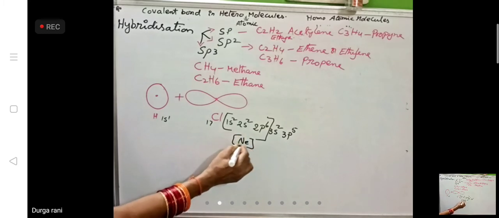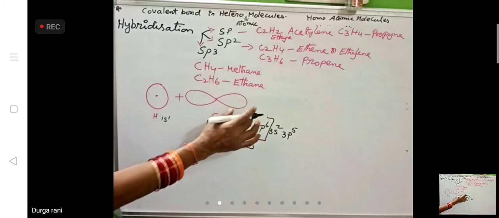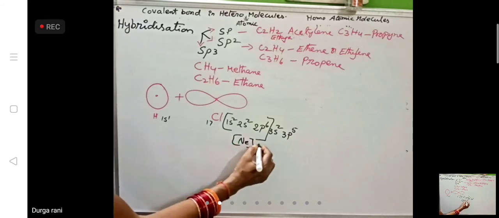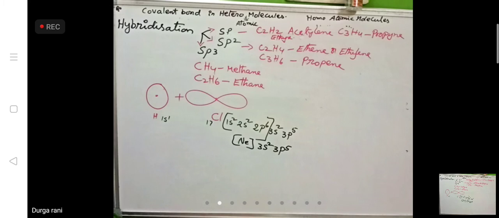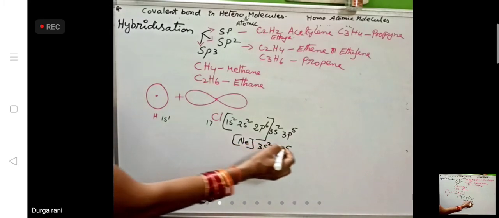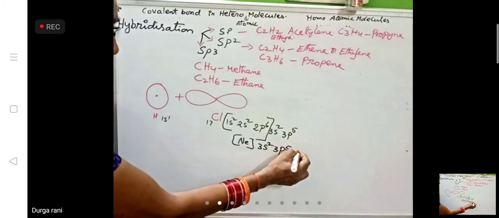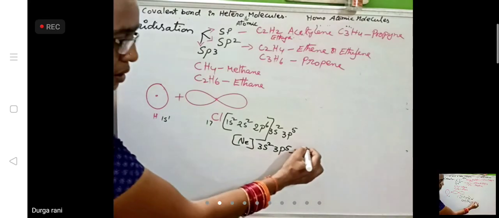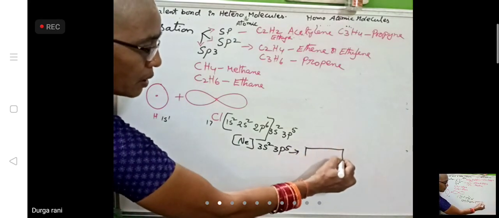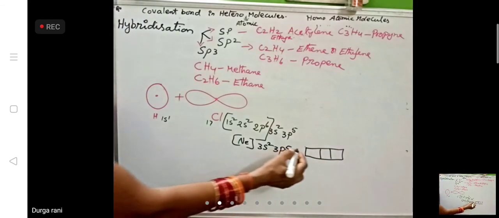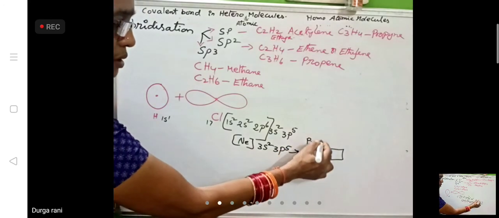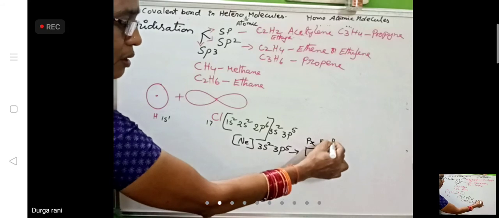So instead of writing 1s2, 2s2, 2p6, you can write neon 3s2, 3p5. Like this also you can write. This 3p5 you can extend again. It is a degenerate orbital. How do we accommodate 5 electrons? Px2, Py2, Pz1.